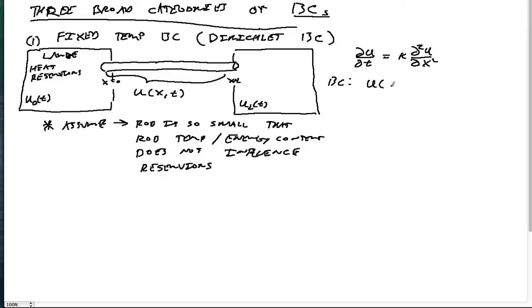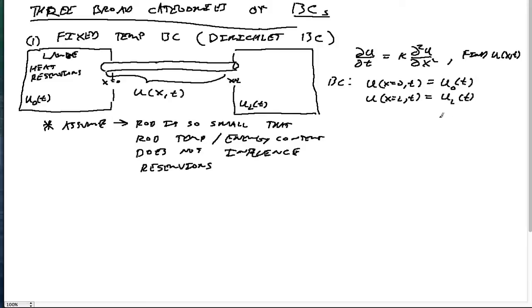We want to find u of x comma t, subject to the boundary condition that at x equals 0 we have u of 0 comma t equal to U0 of t, and u of L comma t is equal to UL of t.